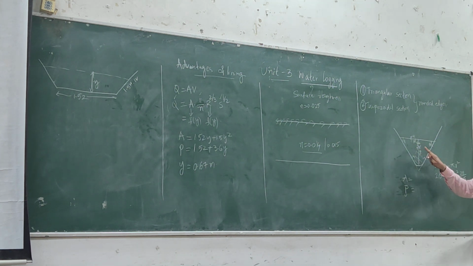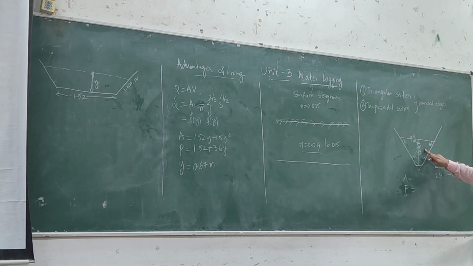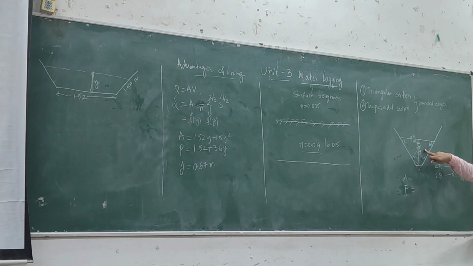And then you need to calculate the area for these triangles. So what is the area of each triangle? Half base times height. So this is y. Now what would be the base?